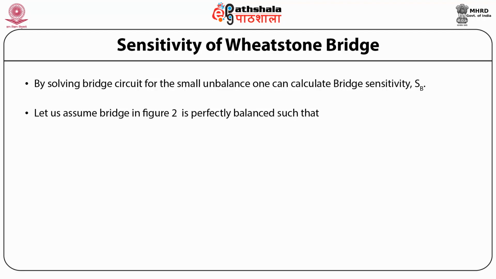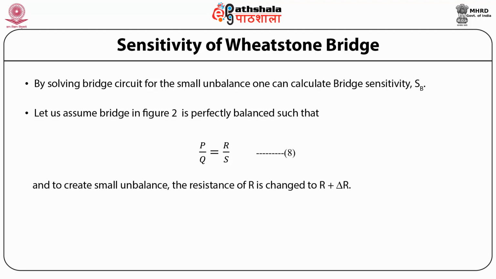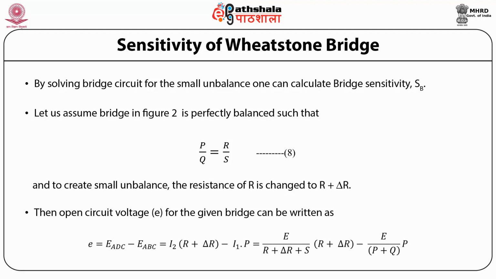Let us assume the bridge in figure 2 is perfectly balanced such that P by Q is equal to R by S. This is equation 8. And to create a small unbalance, the resistance R is changed to R plus delta R. Then the open circuit voltage e for the given bridge can be written as e is equal to EADC minus EABC.